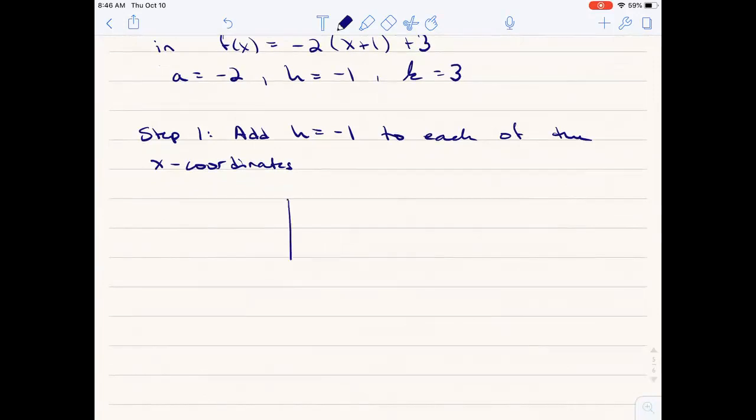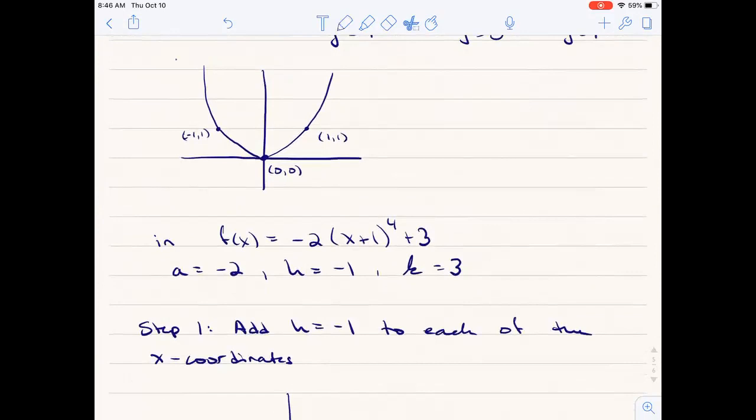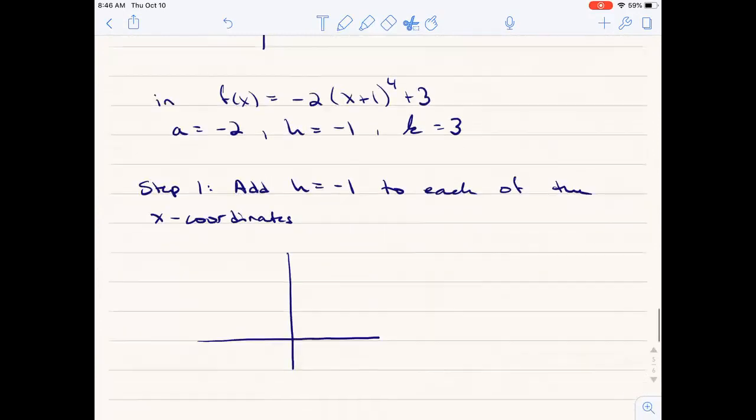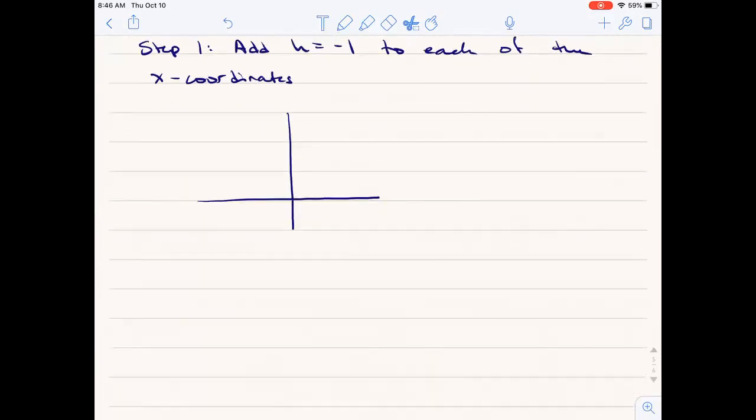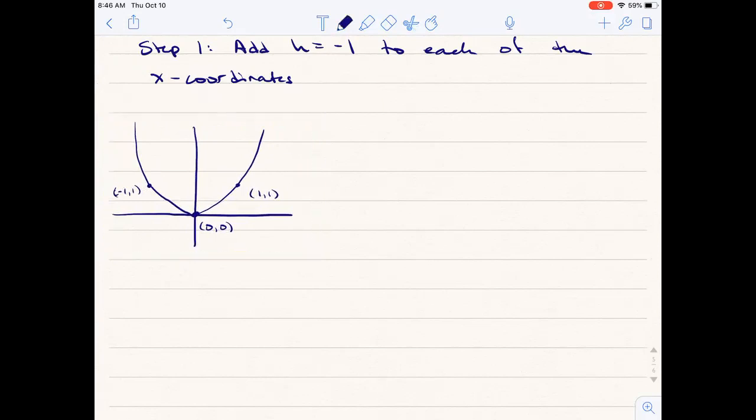So I guess I'll just draw a new one here. I know it's not fair because I can copy and paste, but I just can't have them on the same screen. Right, so this is y equals x to the power of 4.